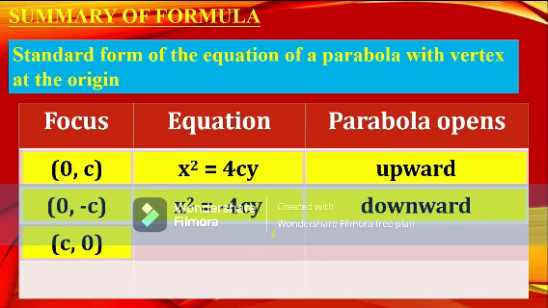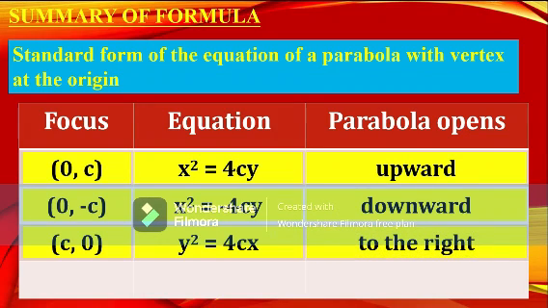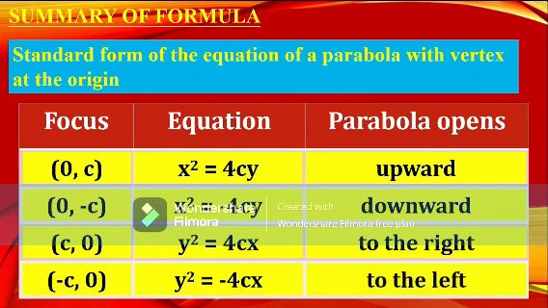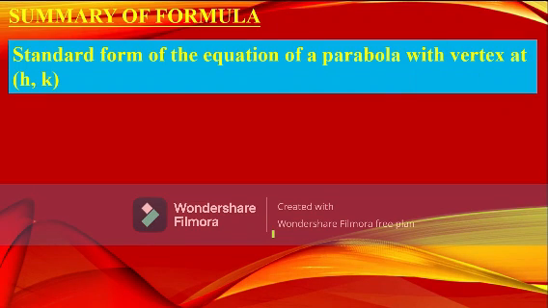If the focus is (c, 0), the equation is y² = 4cx, and the parabola opens to the right. Then if the focus is (-c, 0), the equation is y² = -4cx, and the parabola opens to the left.